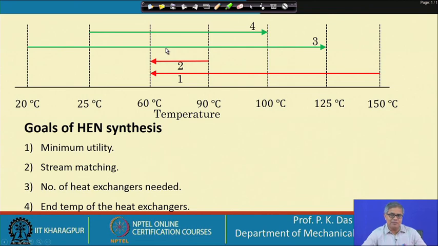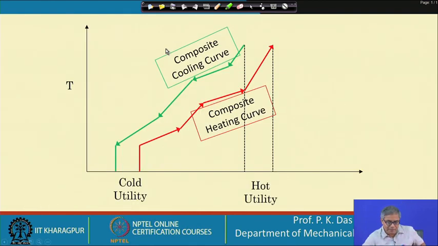Next, what I am doing is combining all the hot streams together and all the cold streams together. Obviously, the heat capacity rates will be different in different temperature ranges. So, what I have done is this: I have got the composite heating curve and composite cooling curve.